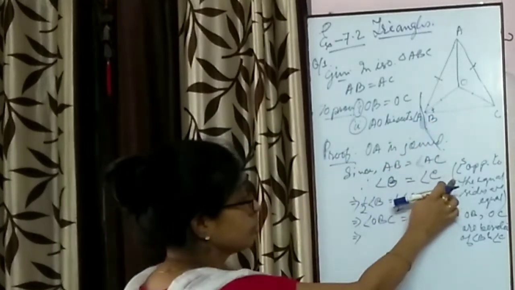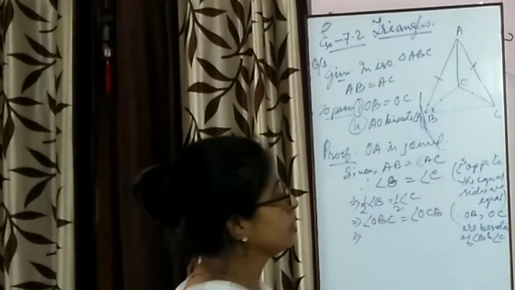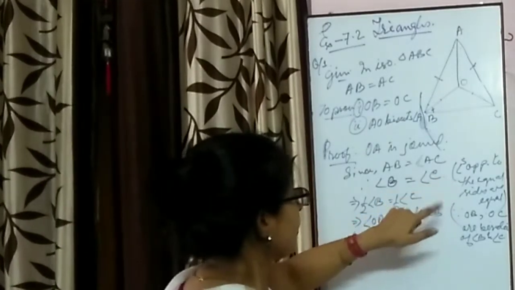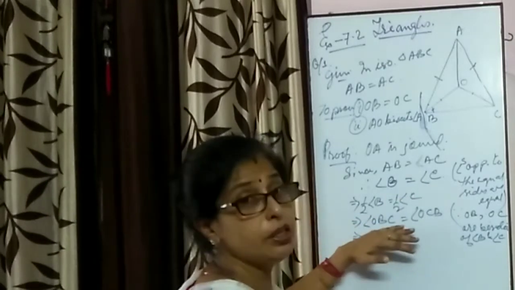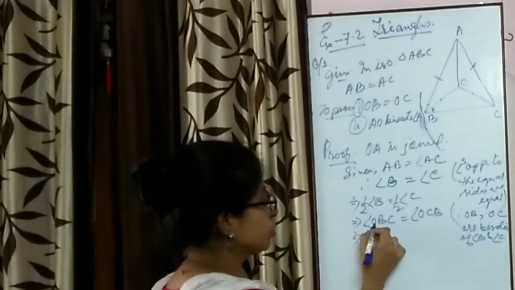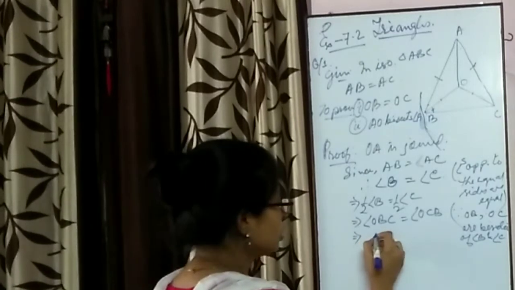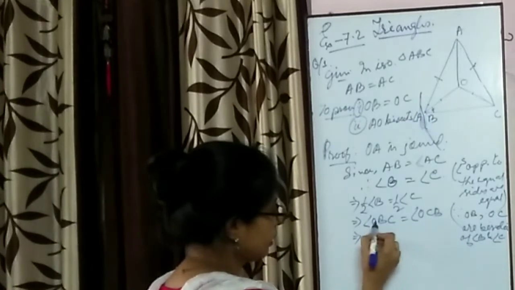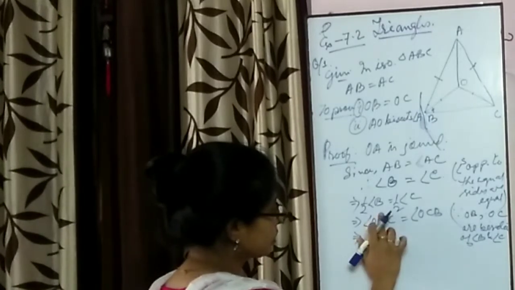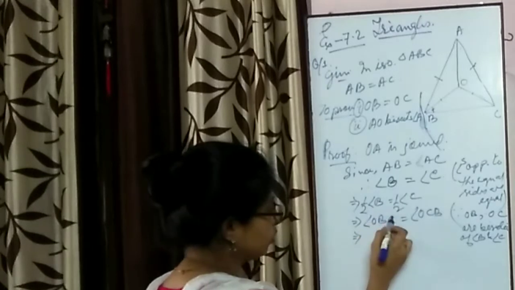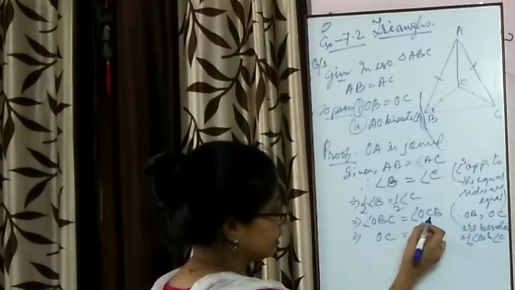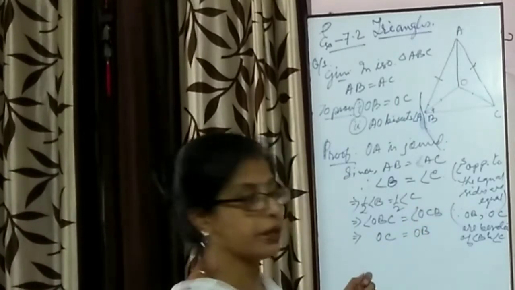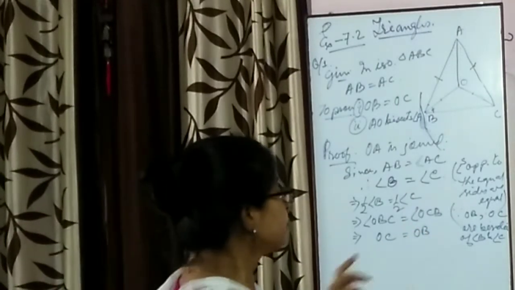Here we have used theorem 7.3, and here we are using theorem 7.2. So opposite to this angle is OC. It's very easy to find the opposite side. Just omit the middle letter of the angle and then OC, and here if you omit this middle letter, then OB. It is a technique of finding the opposite sides and opposite angles.